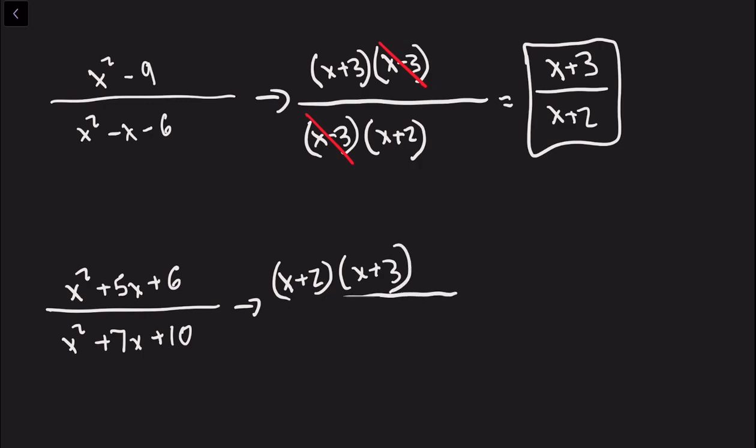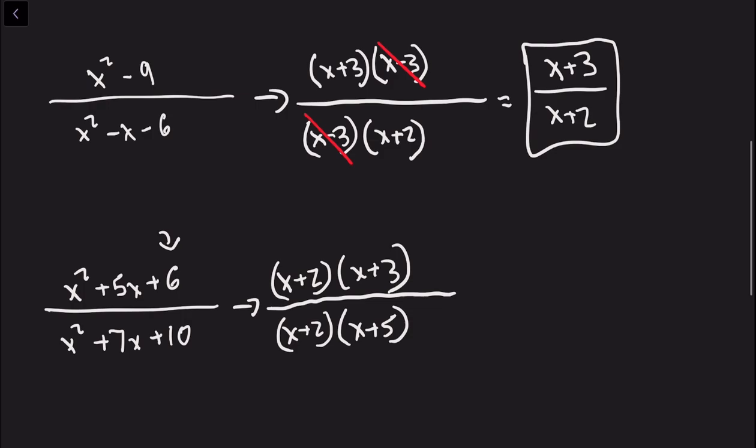And then on the bottom, we can factor this and get x plus 2 and x plus 5. So all we're doing here is we're factoring. We're trying to figure out what number multiplies to equal 6 but adds to equal 5. So in this case, it's 2 and 3. On the bottom, what number multiplies to equal 10? What adds to equal 7? It's going to be 2 and 5 together.